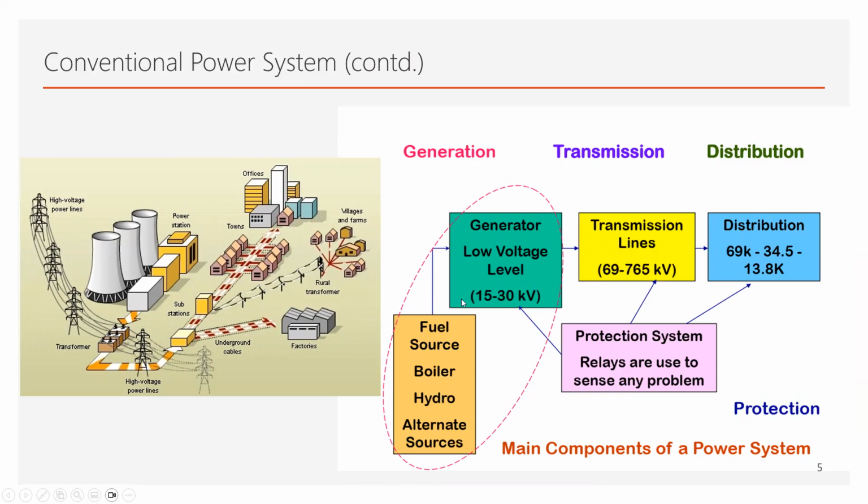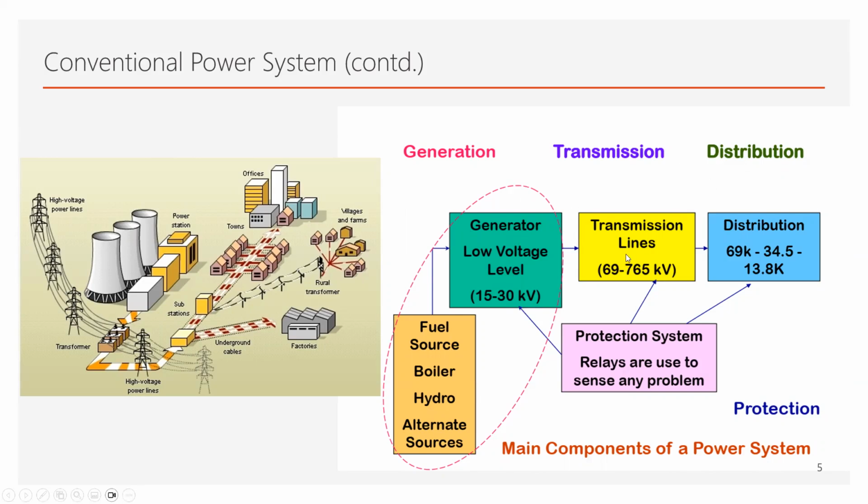There are so many sources. We'll talk about some of them in this course, but for today we're not going to focus on them. So generators normally generate a very low voltage level, which is 15 to 30 kilovolts, depending on the generation capacity exactly.